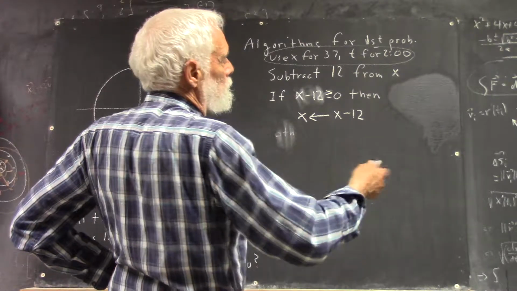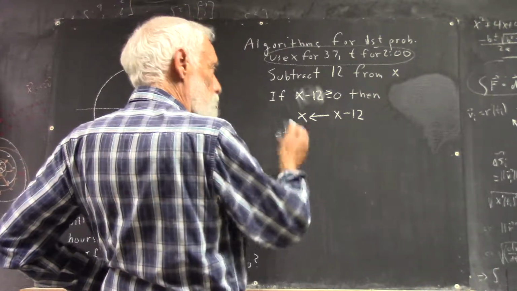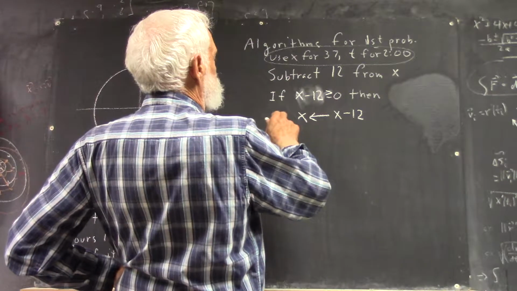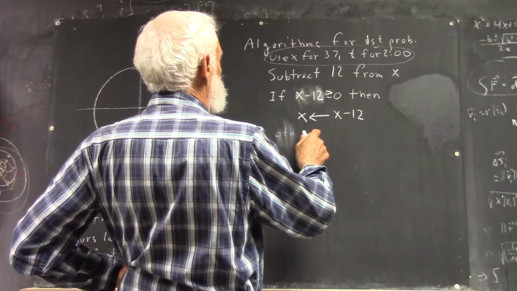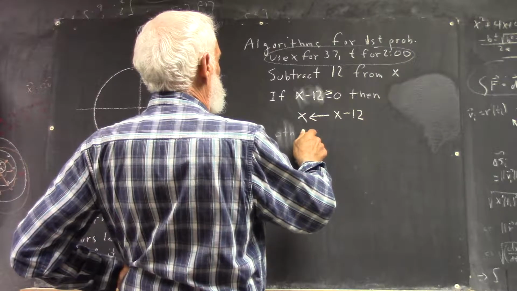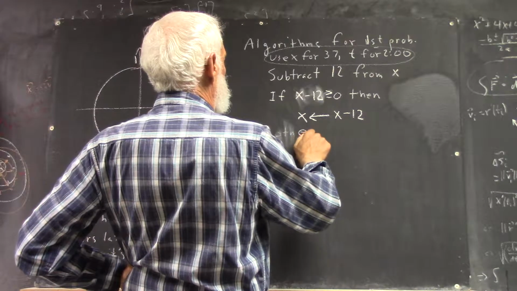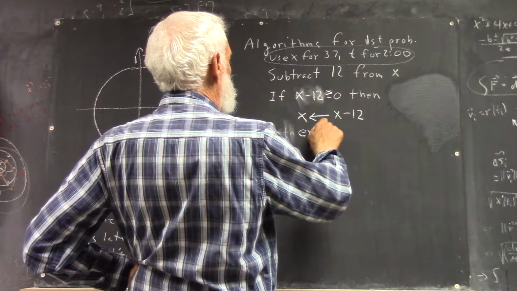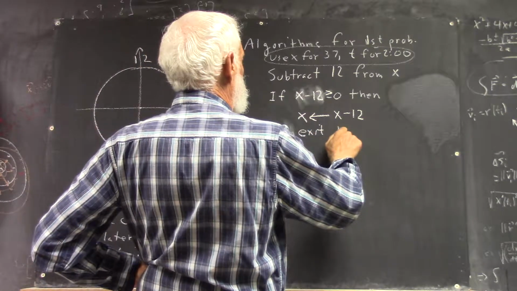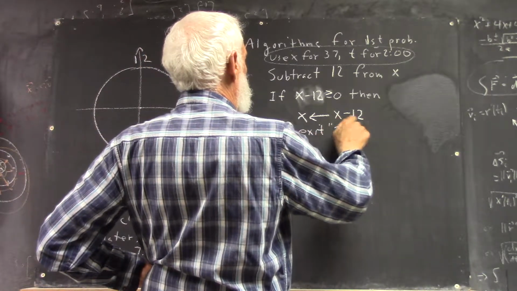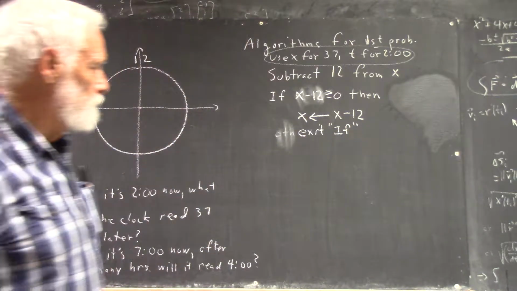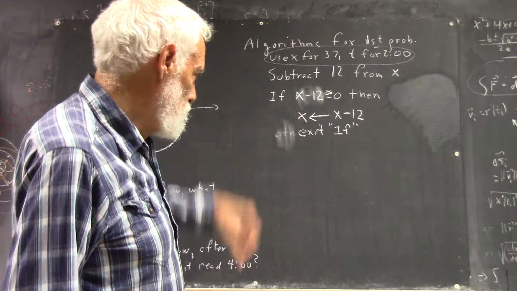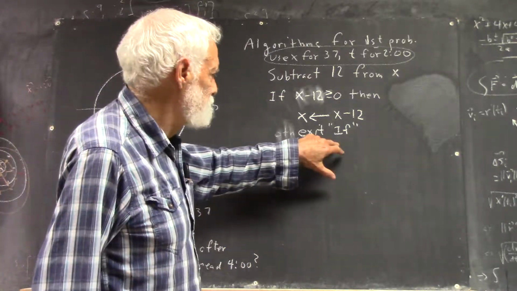I'm going to have to kind of use a go-to thing, which we don't really want to do, but that's okay. I'm going to say exit the if statement. This is a little closer to computer language than I want it to be, but it's okay.